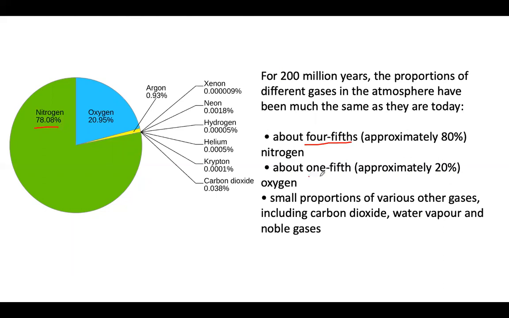About 1/5, or approximately 20%, is oxygen gas. And there are a small proportion of other gases, which we call trace gases. We say trace because there are very small amounts. So we've got carbon dioxide, water vapor, and the noble gases. So neon, xenon, helium, krypton. They're the noble gases there.